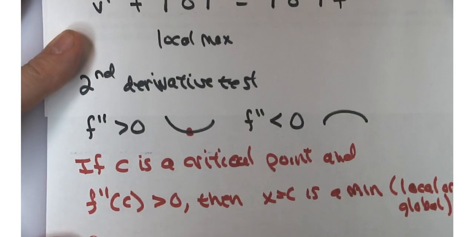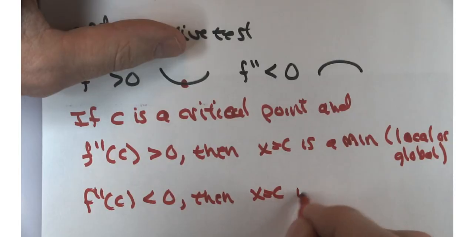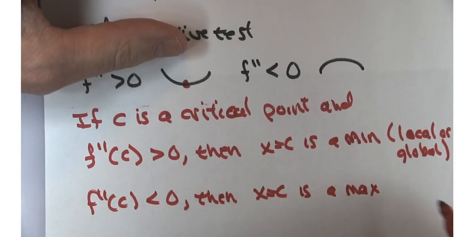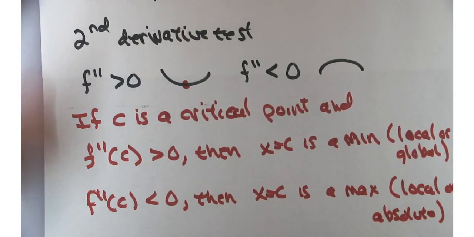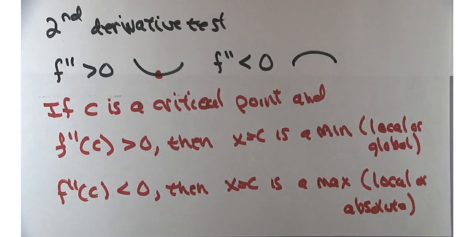If f double prime of c is less than 0, then x equals c is a maximum. Could be a local or absolute. So it gives you a different way to double check that the point that you're hoping for is what you think it is, either a minimum or a maximum.